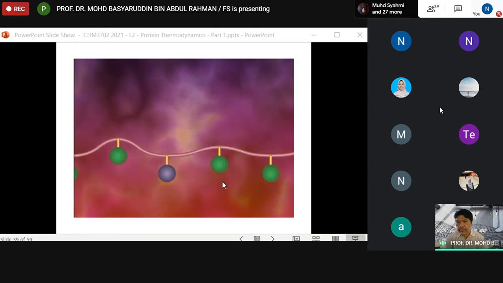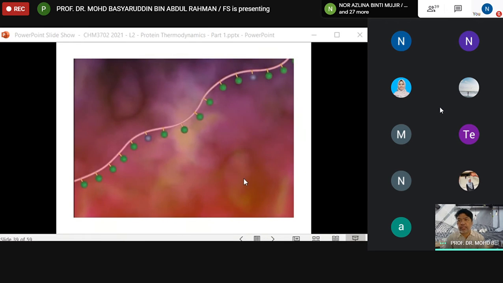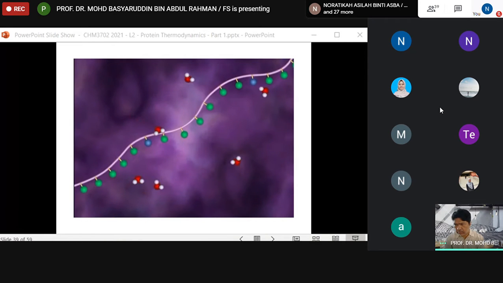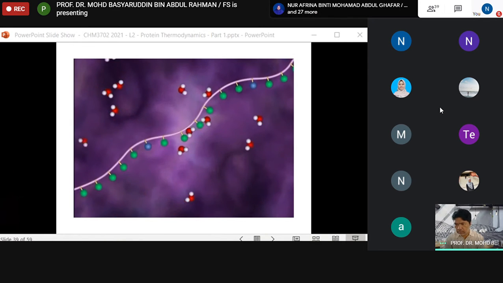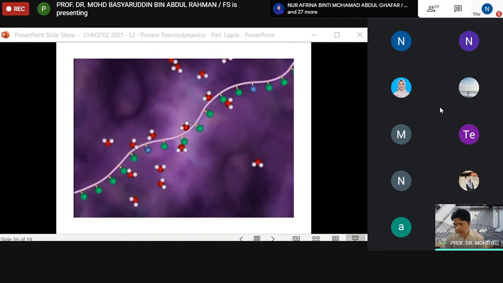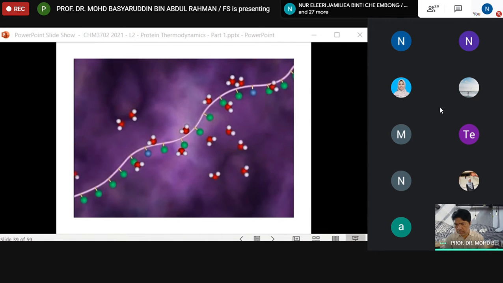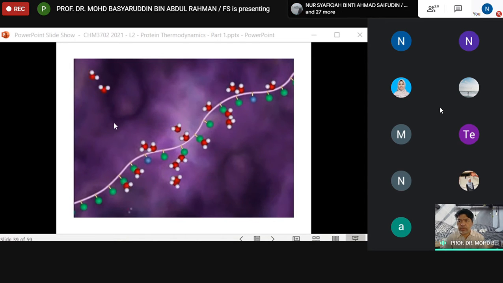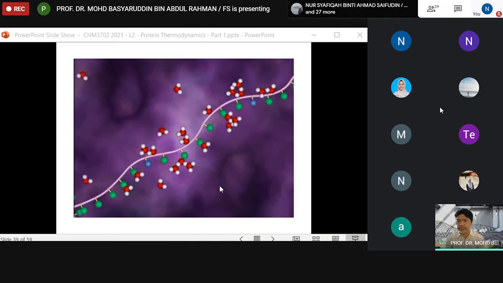That's why it becomes unfolded, because of the energy being used. This is the water molecules that are involved in the system.